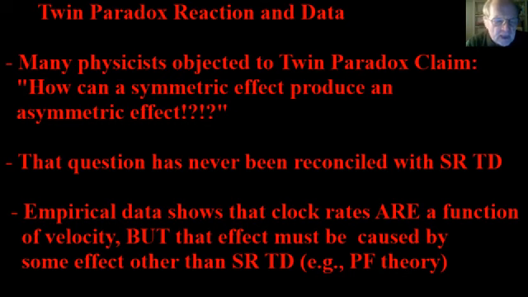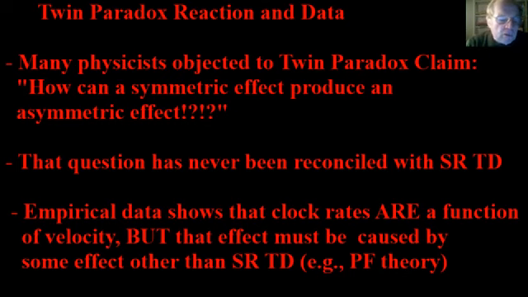They, in effect, said, how can a symmetric effect, the time dilation effect, produce an asymmetric effect? A difference in the proper time, the amount of proper time that was accumulated. Well, that question has never been reconciled with special relativity time dilation.